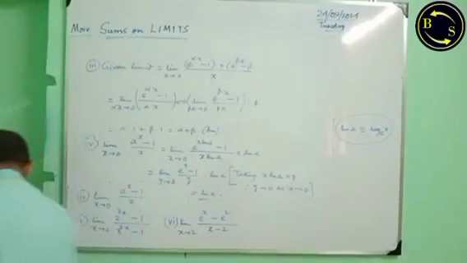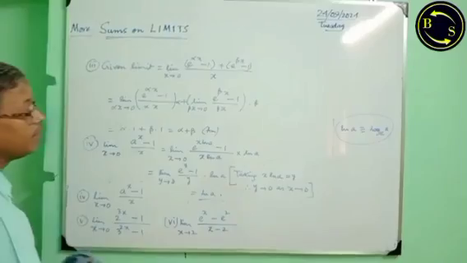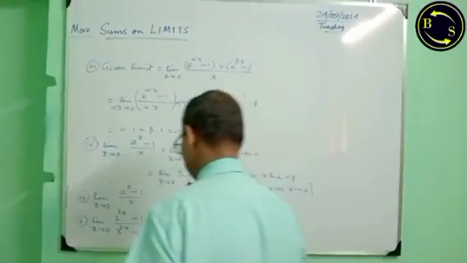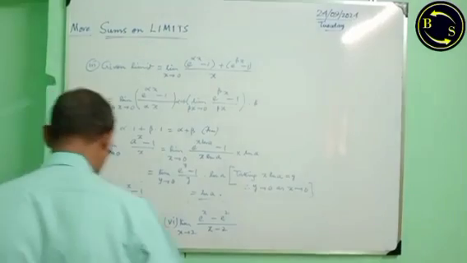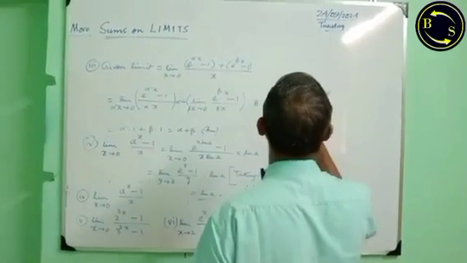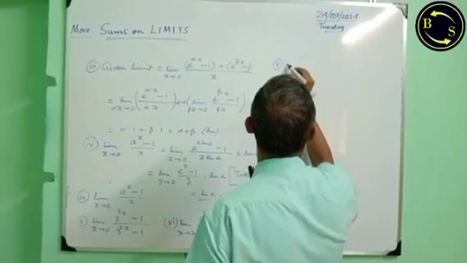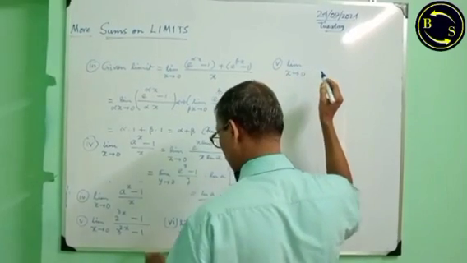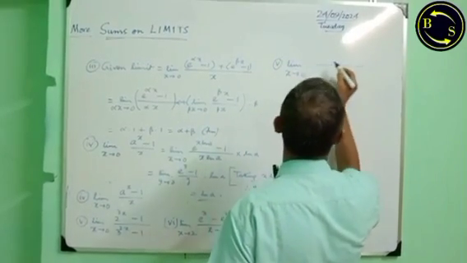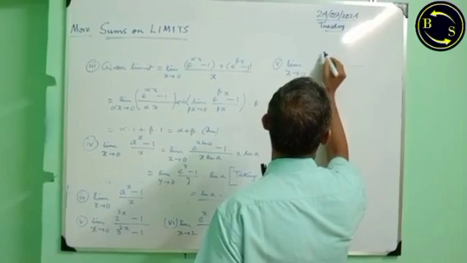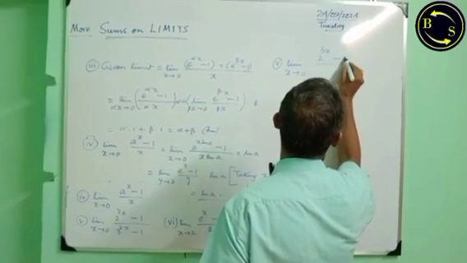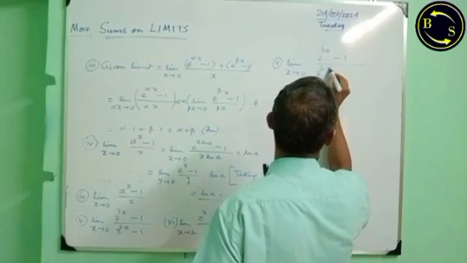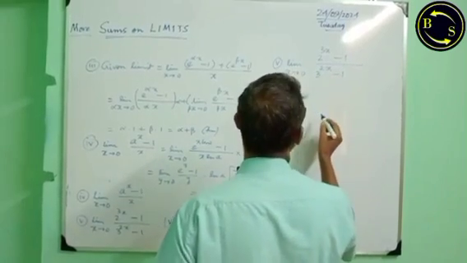Now I move to number 5. Limit x tends to 0, numerator 2 to the power 3x minus 1, denominator 3 to the power 2x minus 1.